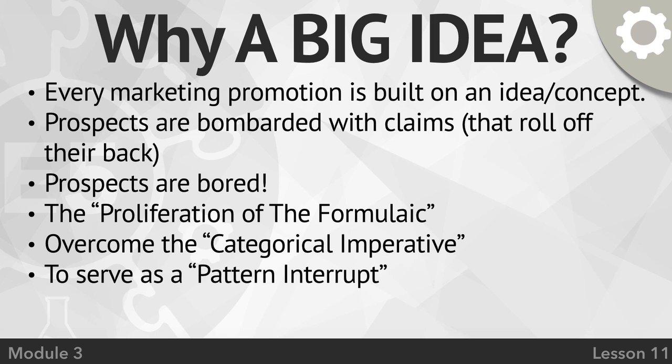When you trigger a pattern interrupt with a big idea, you capture attention because you avoid that categorical imperative, because you present something that can't be automatically characterized. And when it meets the criteria that I'm going to teach you in this lesson, it grabs attention, it seizes attention, and creates a tremendous level of engagement and interest.